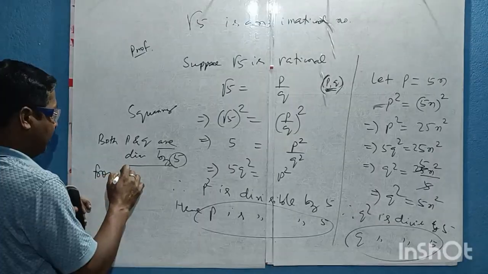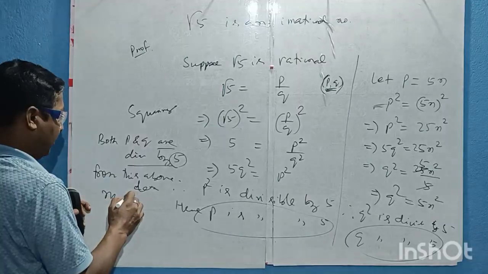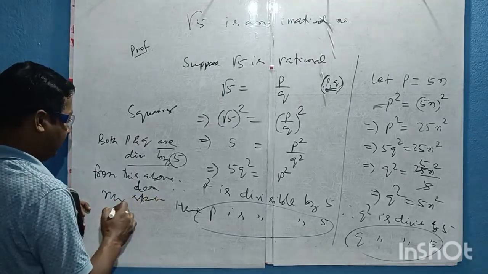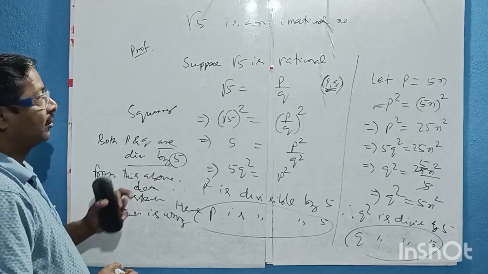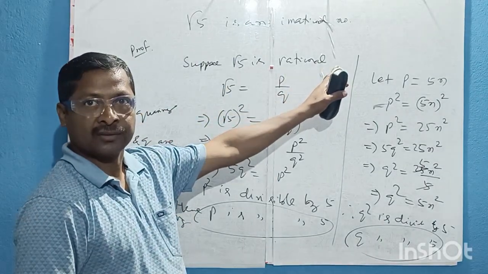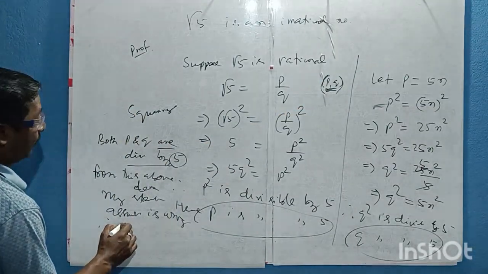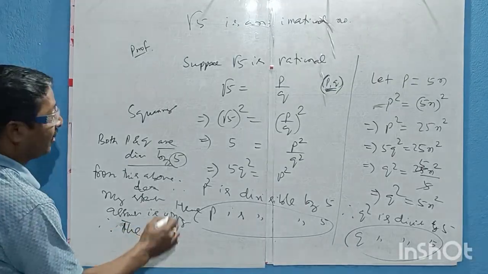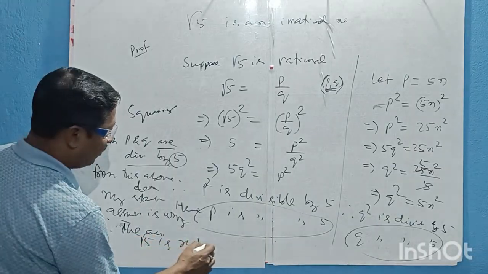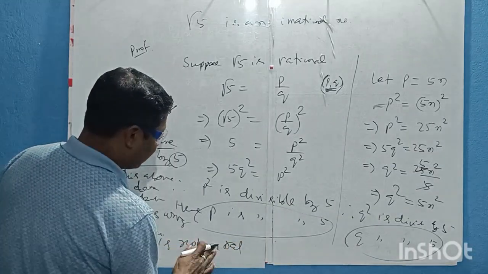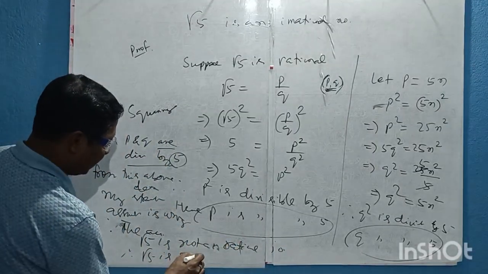From this above data, my starting assumption is wrong. This is the assumption I have taken in the beginning. Hence the assumption taken in the beginning is wrong. So root 5 is not a rational number. It means root 5 is an irrational number.